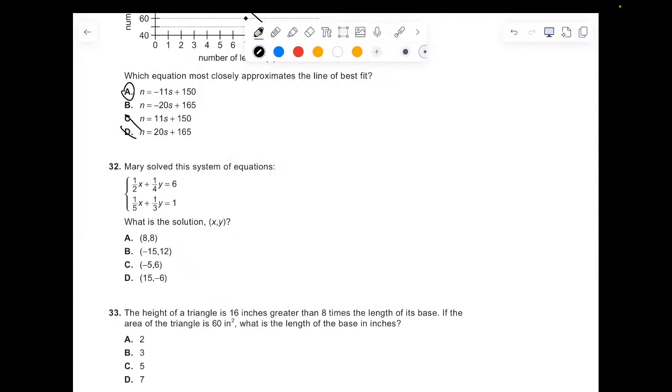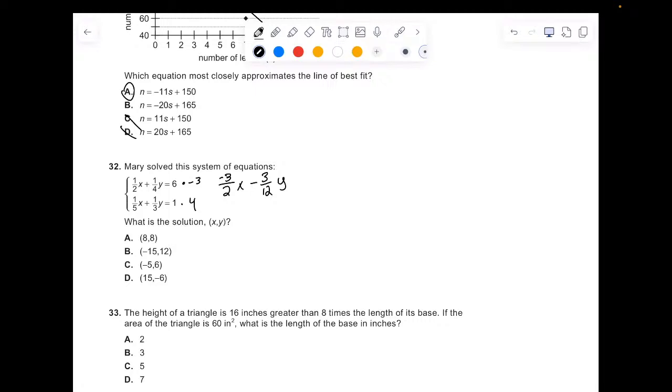Mary solved this system of equations. What is the solution of x and y? Excuse me. They didn't want to make it easy for us, so we're going to... Let's multiply by 3 and 4. So times negative 3 times 4. So negative 3 over 2x minus 3 over 12y.